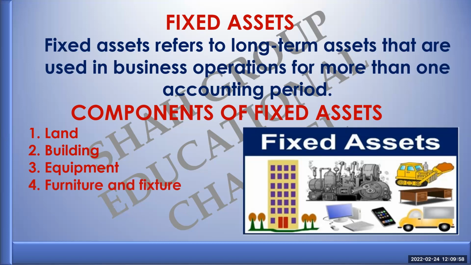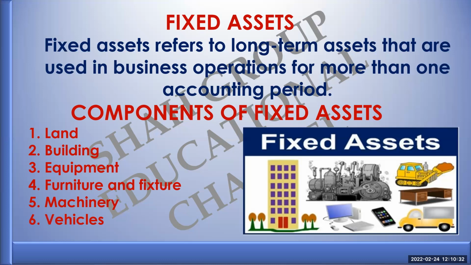It includes table, chairs, cabinets, closets, etc. that the company acquired to run business operations. The next example of fixed asset is machinery. Machinery typically refers to production machinery. It's also called plant. Okay, beta. Then the next example is vehicles. Vehicles includes delivery trucks, buses, cars, etc.